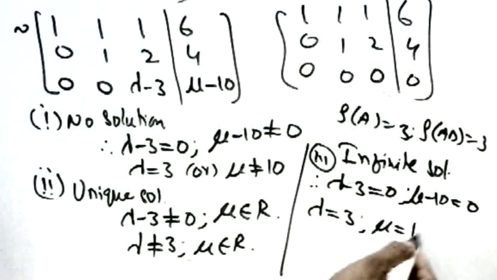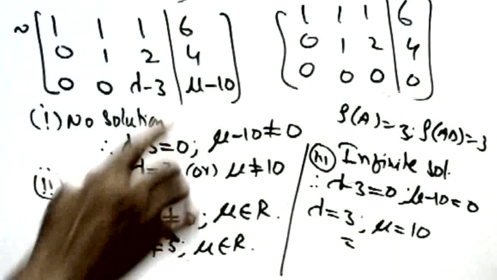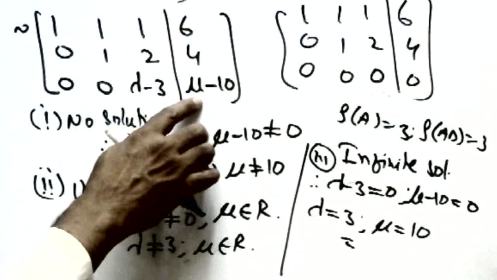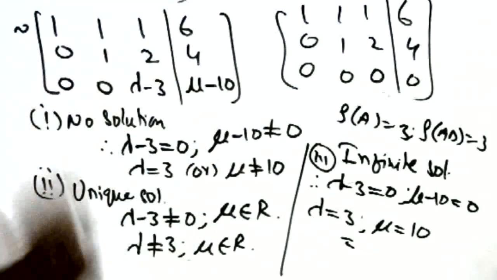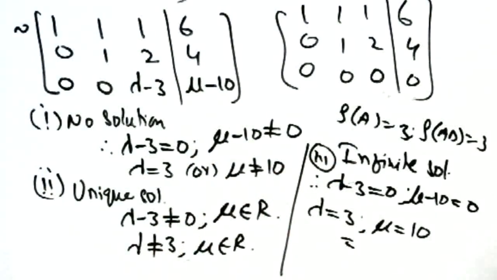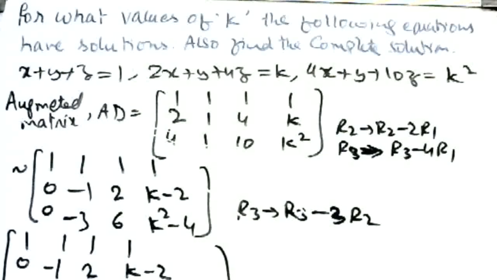That is lambda equals 3, mu equals 10. If lambda is 3, this is 0. If mu equals 10, this is 0. Then both the ranks will be 2, infinite solutions. So these are the conditions for unique solution, no solution, and infinite solution.